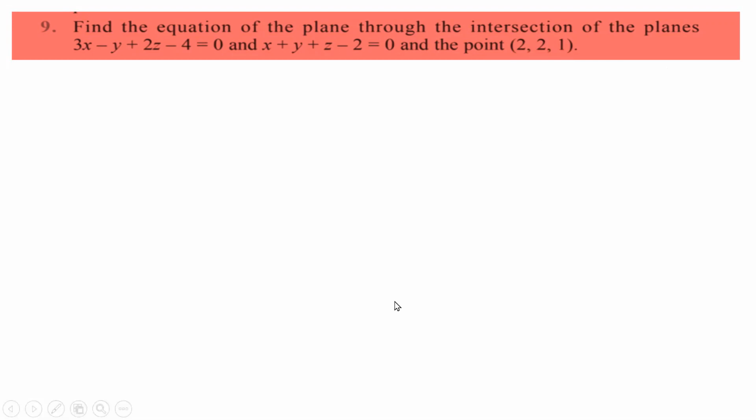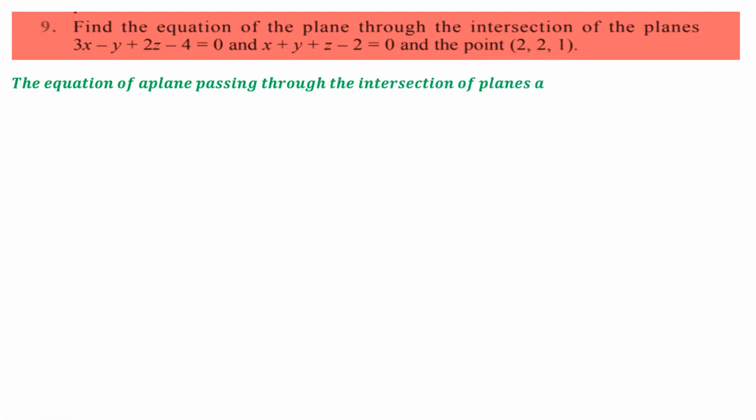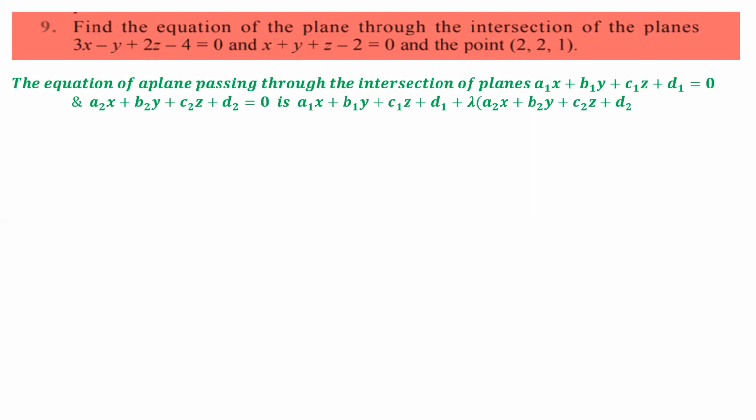First of all, tell me the formula for the equation of a plane passing through the intersection of two planes, definitely the Cartesian form. If the first equation is a1x plus b1y plus c1z plus d1 equals 0, and the second equation is a2x plus b2y plus c2z plus d2 equals 0, then the equation of the plane is given by a1x plus b1y plus c1z plus d1 plus lambda into (a2x plus b2y plus c2z plus d2) equals 0.